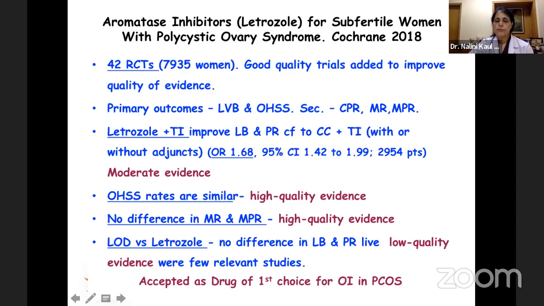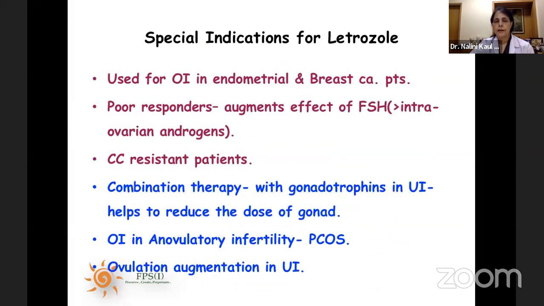Okay. So finally, this was accepted as drug of first choice, and even by ESHRE, ASRM, and all our standard IVF societies. So what are the special indications for letrozole? There are some things where you'll be very happy to give letrozole, and this is in patients with endometrial or breast cancer.